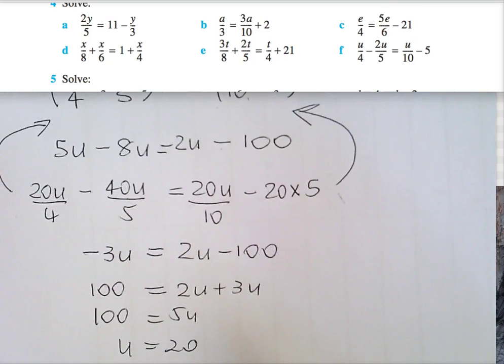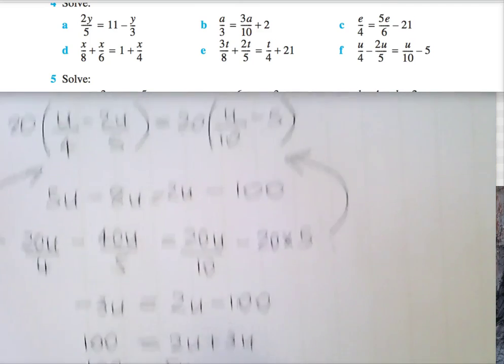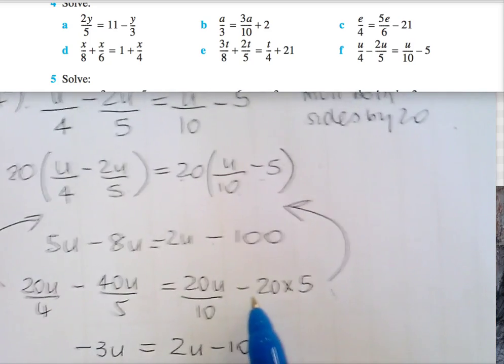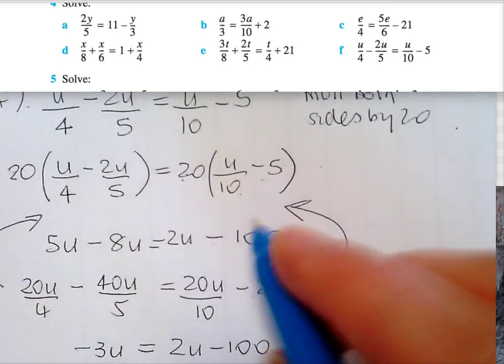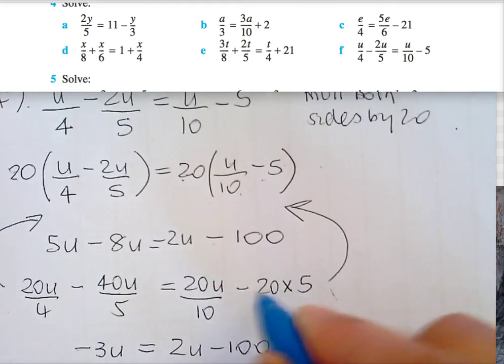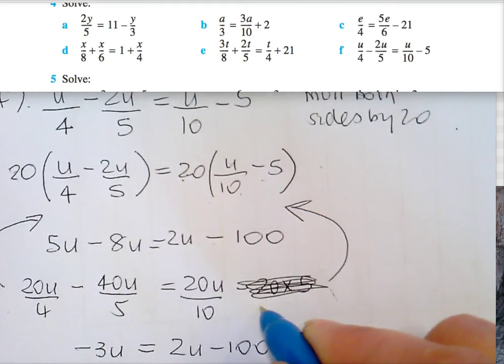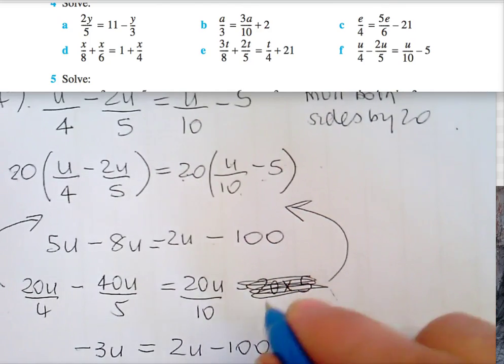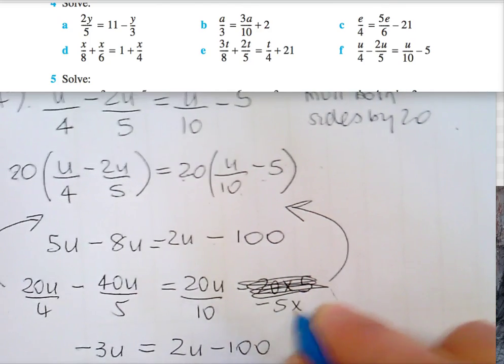Miss, isn't it 20 times negative 5? No, because I've decided to go and put the u's on the right and the number on the left. At the top. Okay. It's 20 times negative 5, which will give you negative 100. It's the same as plus 20 times negative 5, or minus 5 times 20.